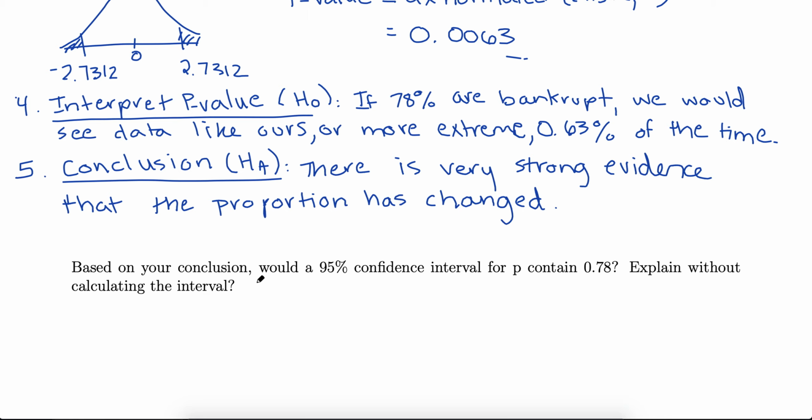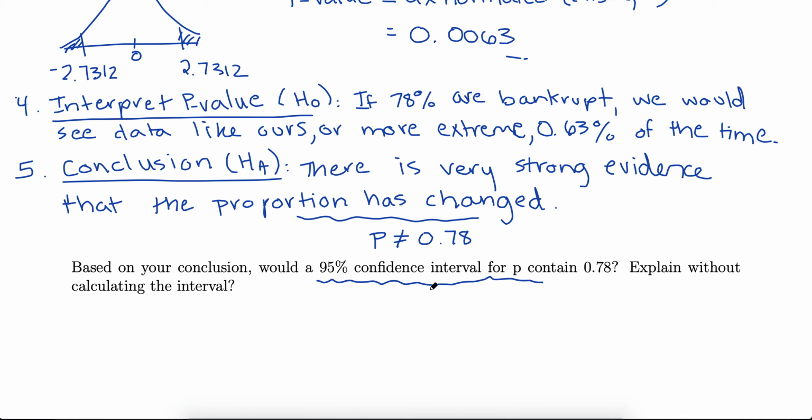So, wrapping this all up and thinking what it means in terms of confidence intervals. I mentioned at the beginning of this series of videos that hypothesis tests and confidence intervals are two different approaches, but they're going to agree with each other. So the question is here, based on that conclusion, is my confidence interval going to contain 0.78? Saying the proportion has changed means the proportion has changed from 78%, or it's not 78%. We said there's very strong evidence that it's not 78%.